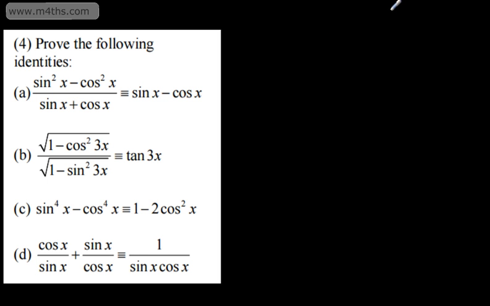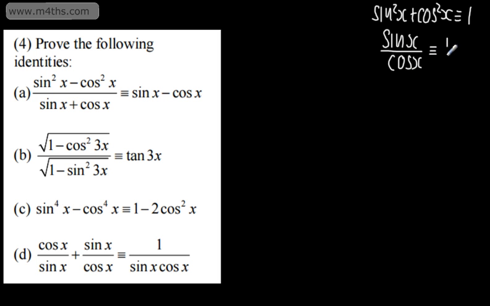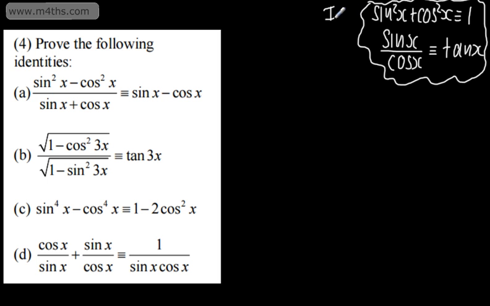So before I start with identities, I'm just going to write to the examiner that I know sine squared x plus cos squared x gives me 1, and that sine x over cos x, apologies, gives me tan x. Whenever I start identities, I don't take for granted that the examiner knows this, so I'm going to show full workings. So these are my identities, and I will leave them there.